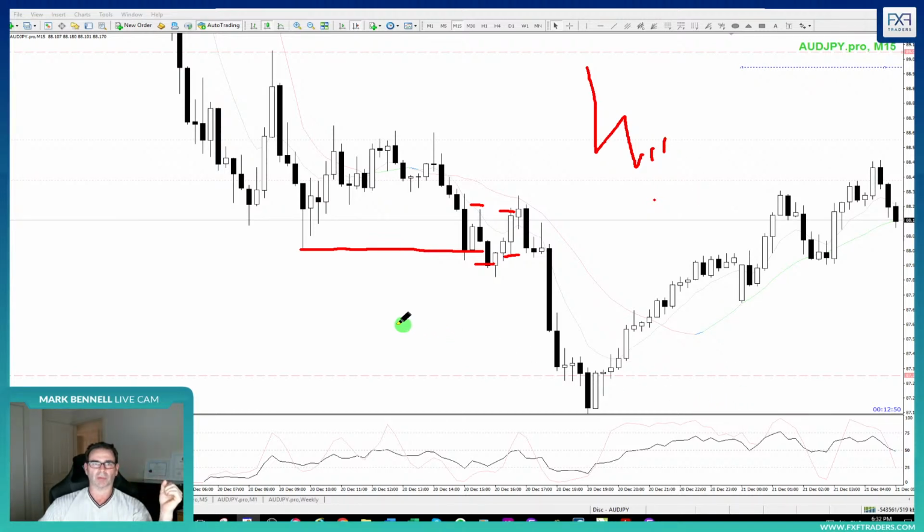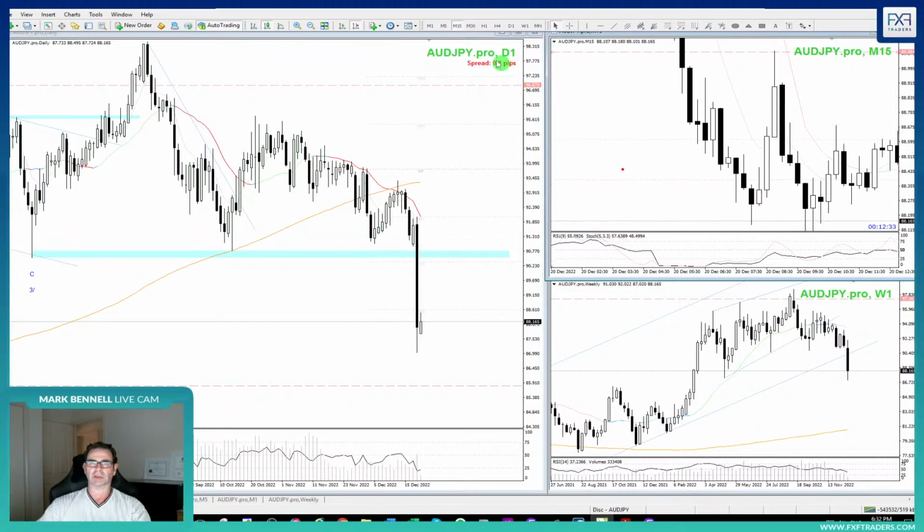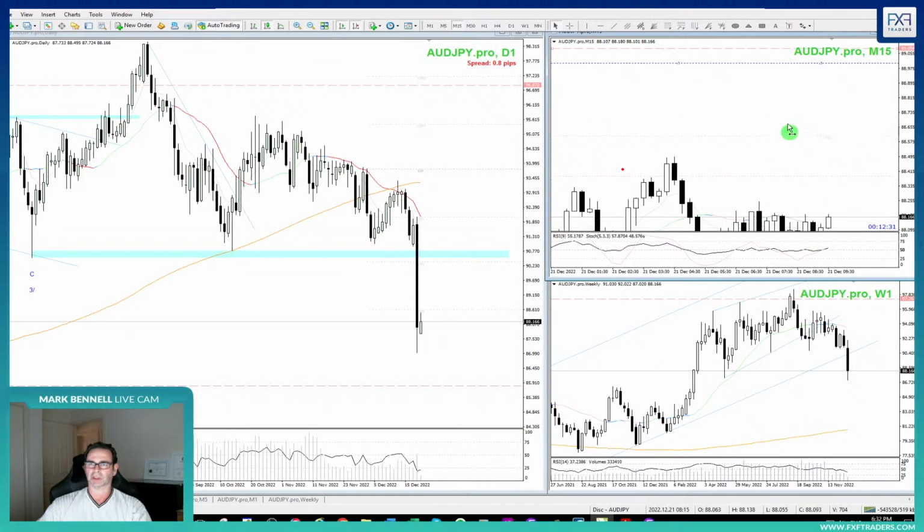Where's a better example? So certainly this one here, seeing this big bar here, seeing this very strong move through here, I'm cutting part of the position. It's probably not the best, but let's have a look at EJ.